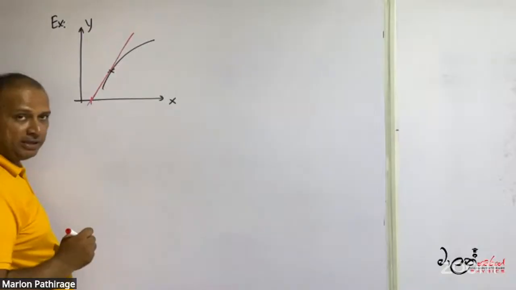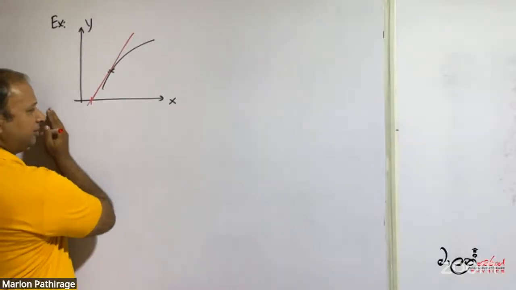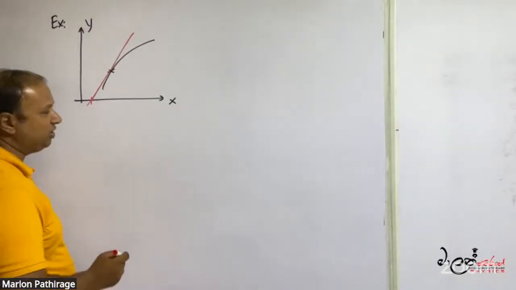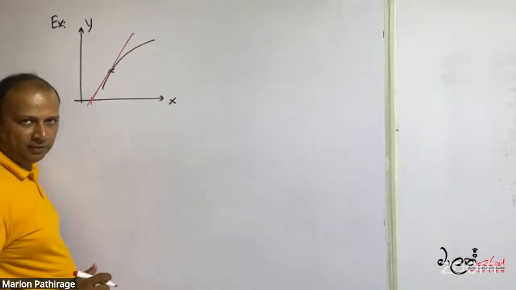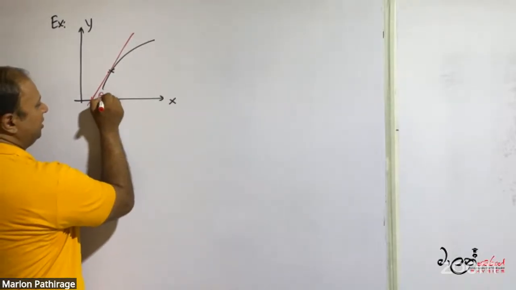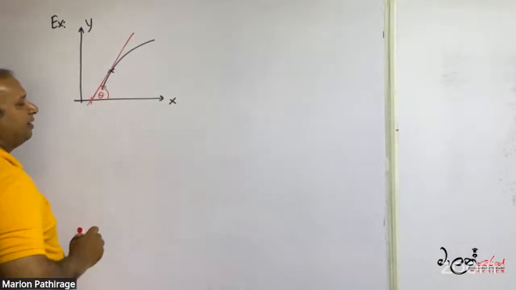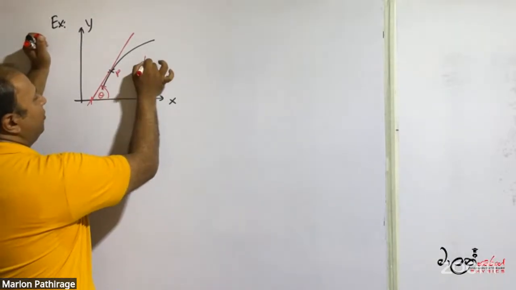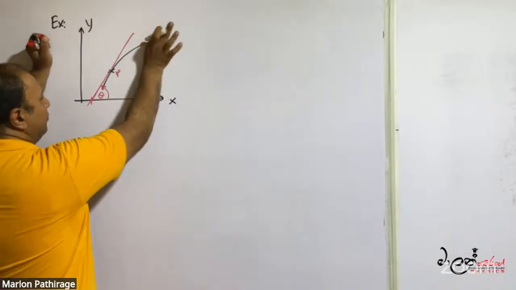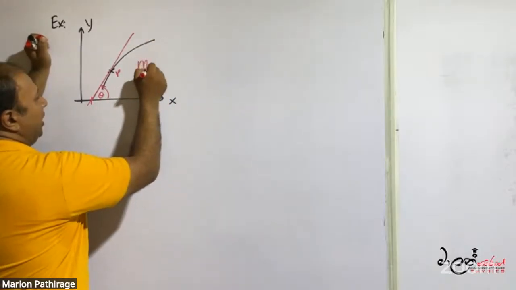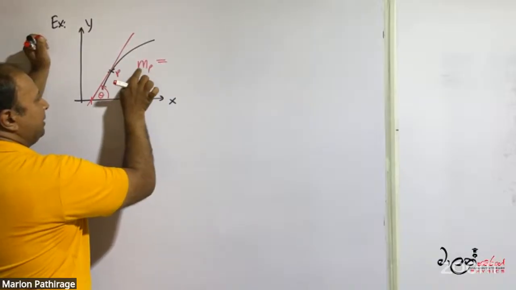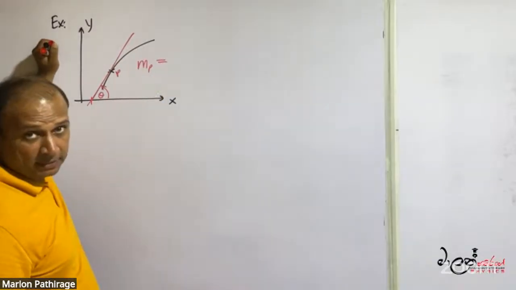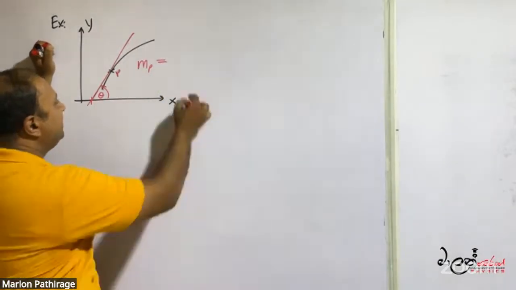Once you determine the intersection point, the right-hand side is the positive x direction and the left-hand side is the negative x direction. Therefore, now you can determine the angle. So the gradient at P is equal to tan theta.